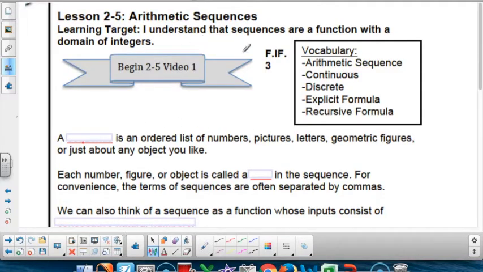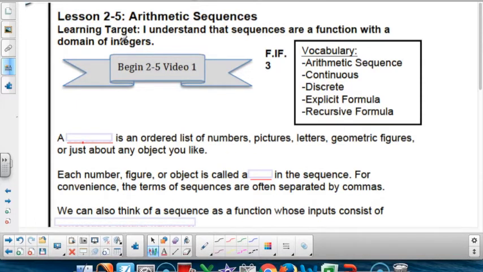So this is saying I understand that sequences are a function with a domain of integers. Now we haven't talked a lot about domain. That's going to be in the next unit. But basically that means what numbers are you allowed to plug in? And typically we've done problems where I can plug in whatever x I feel like plugging in. Positive, negative, decimals, fractions, it doesn't matter.